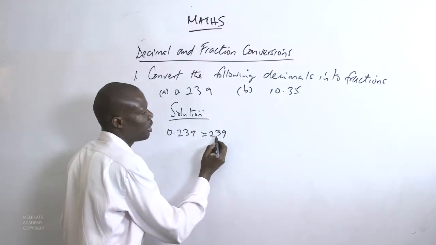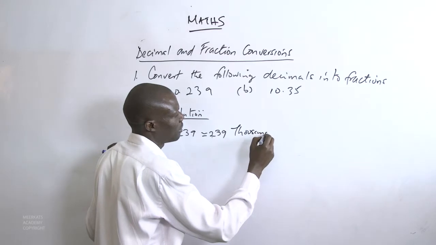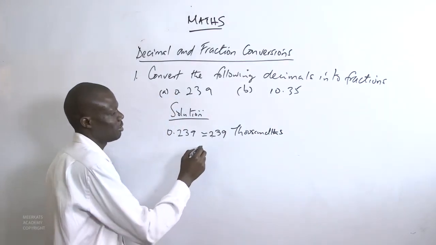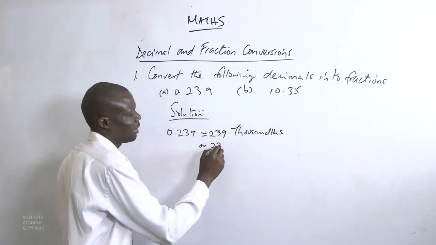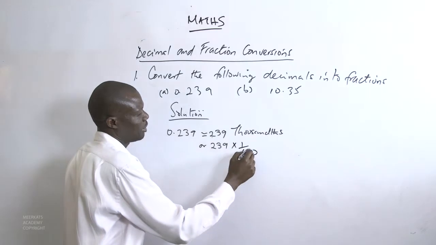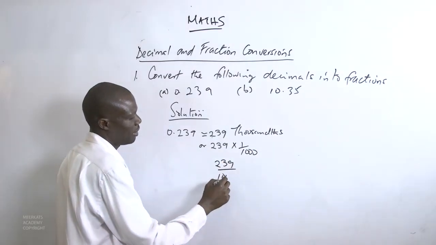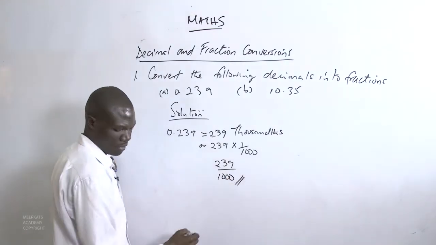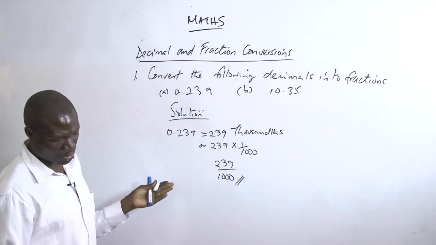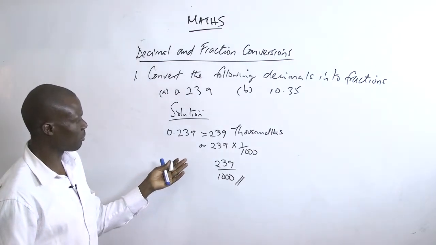So this is 239 thousandths, which you can simply say is 239 times 1 over 1,000, or 239 over 1,000. So this is the situation that we have.